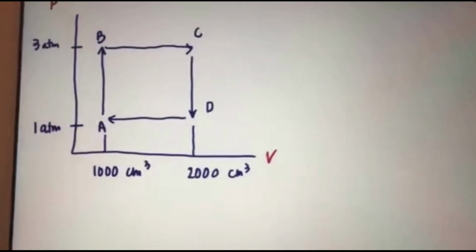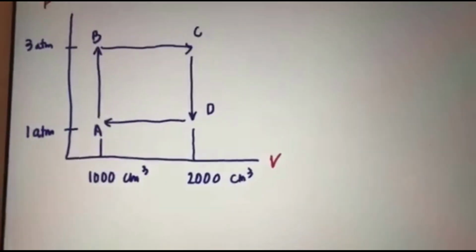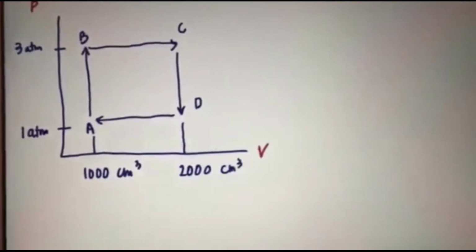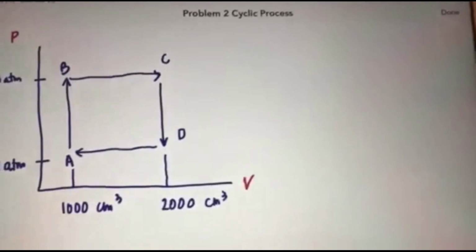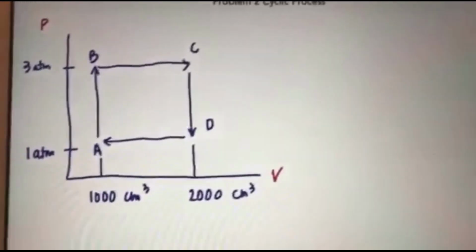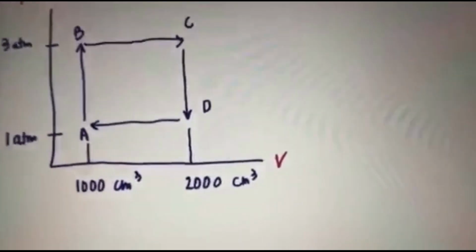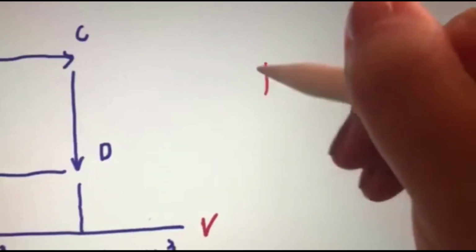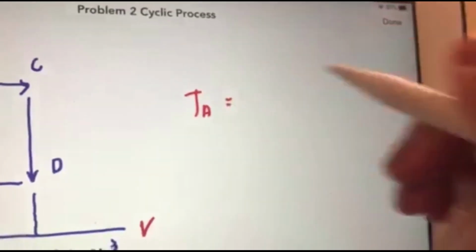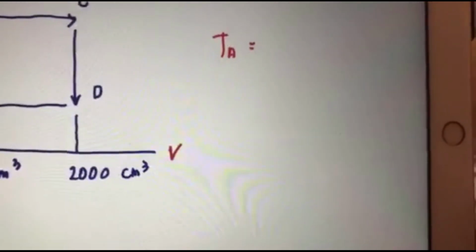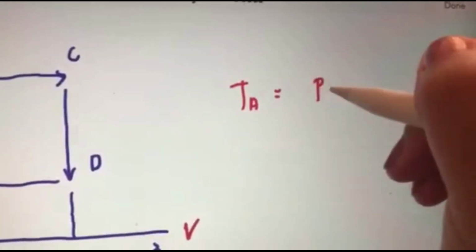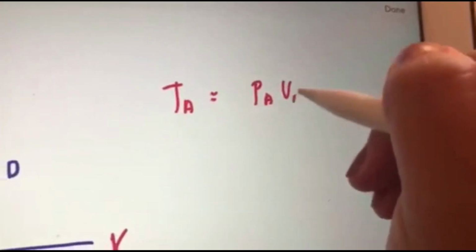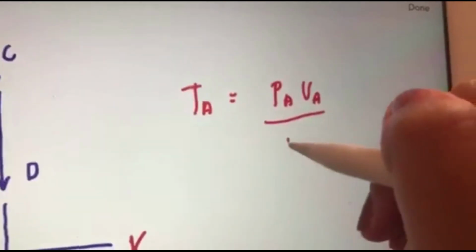Now, we also need to know the temperature of each state, so from states A to D, by using the ideal gas equation. I will just give one example. At point A, T of A is equal to PA VA over nR.